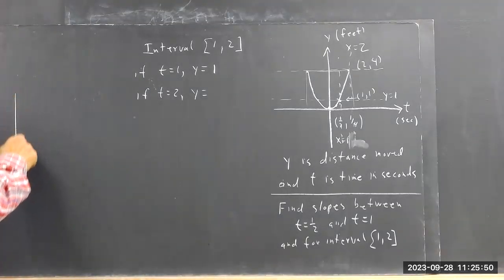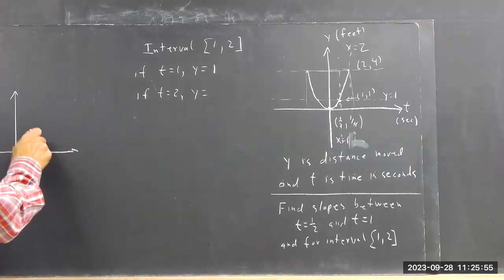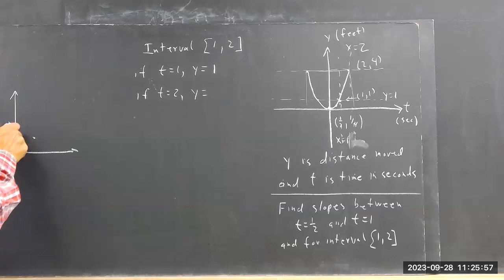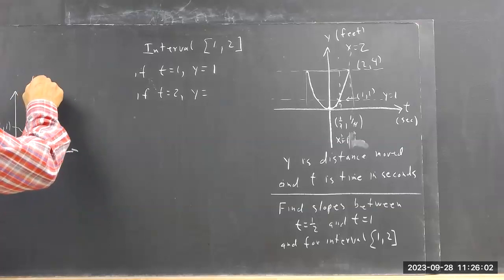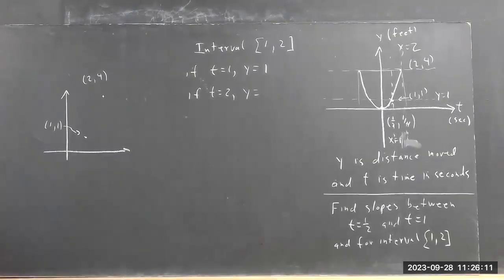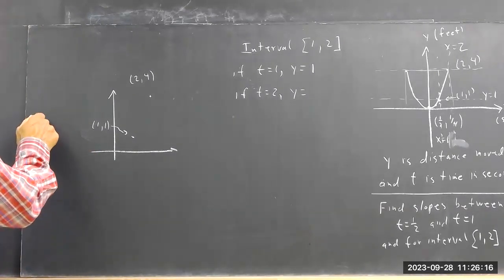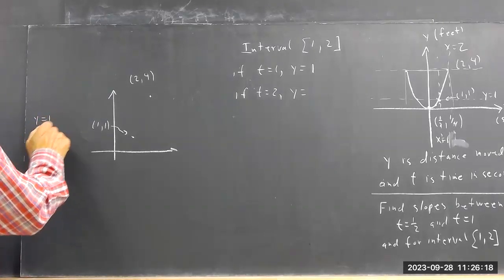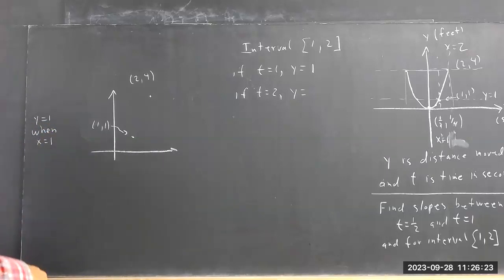So I'm going to just isolate these 2 points. And what do the coordinates of the points tell us? 1, 1. And 2, 4. Okay, among other things, the coordinates of the point 1, 1 mean y equals 1, and x equals 1.